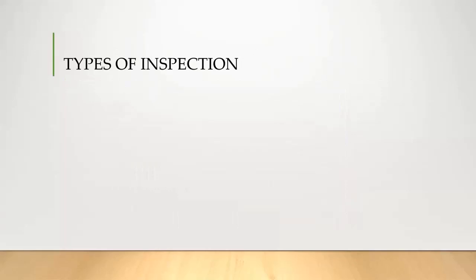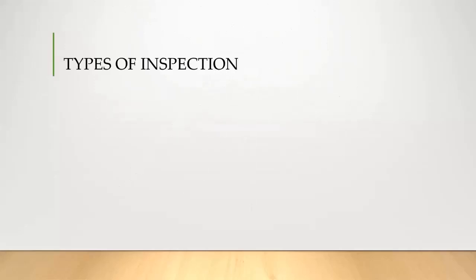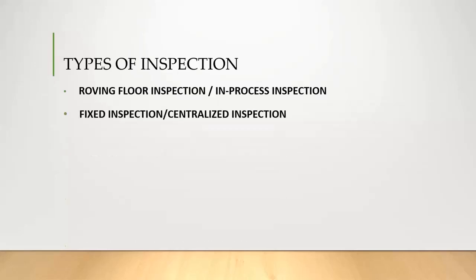Now let us see, students, what are the different types of inspections available in this industry. Types of inspection in the apparel industry start from roving floor inspection or in-process inspection. We will see it in a little more detail when we talk individually about these different types of inspection.